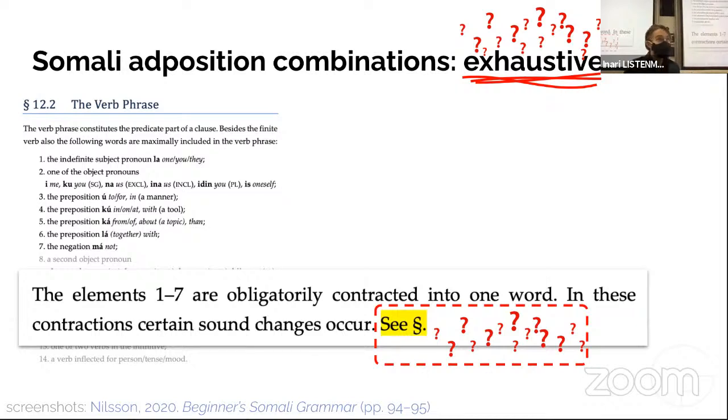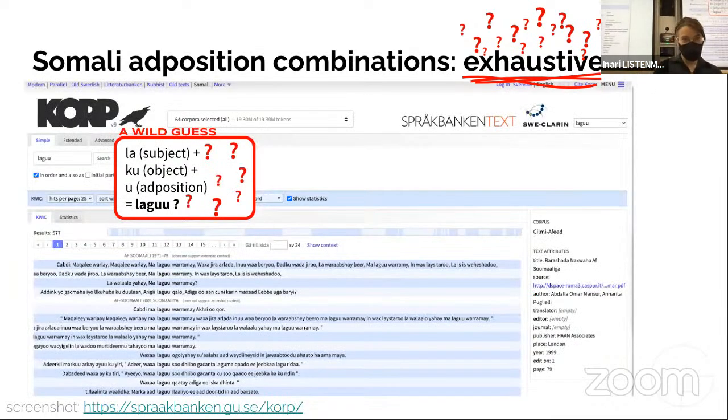So what can I do? What would you do? Well, I went to a corpus. I started playing linguistic detective, and I had a corpus with me. I'm guessing, let's add the impersonal pronoun la, the adposition u, and the second person singular object pronoun ku.